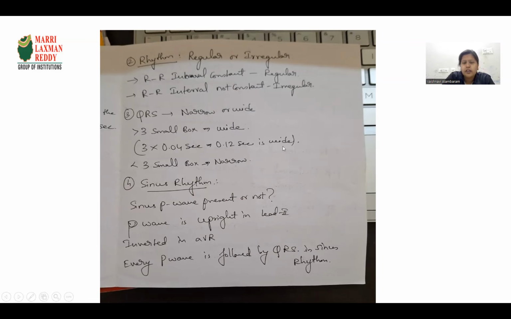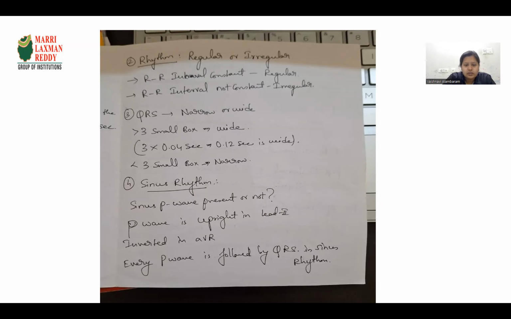That is your QRS complex, the electrical activity in the heart. The normal width should be less than 3 small boxes. If it exceeds 3 small boxes, it is considered a wide QRS.